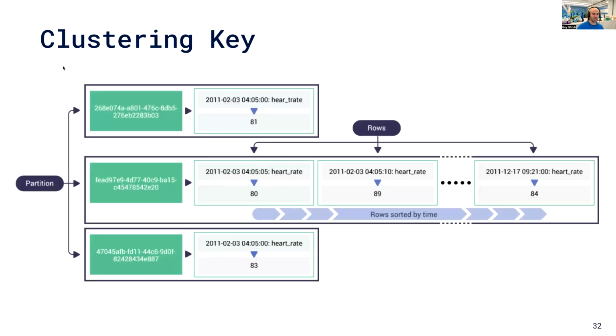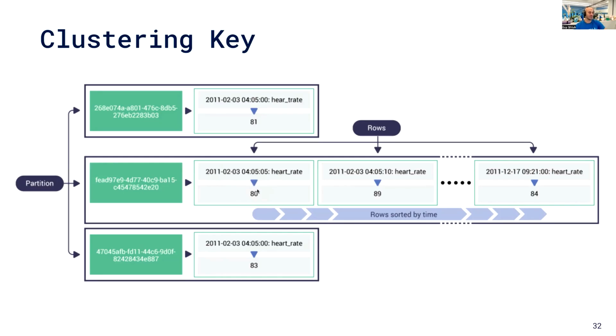So this is how the data would look on the database. We have the pet chip ID right here, and that is the partition key. And for each partition key, we would have the other columns, which are basically key value pairs, say the time and the value of the time, and the heart rate and the value of the heart rate.